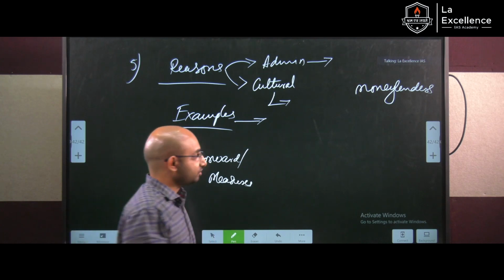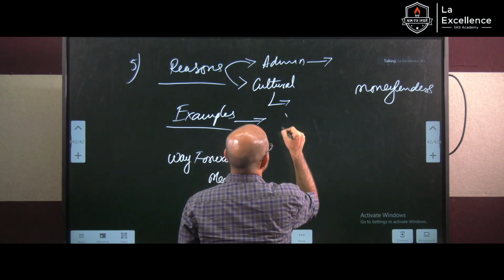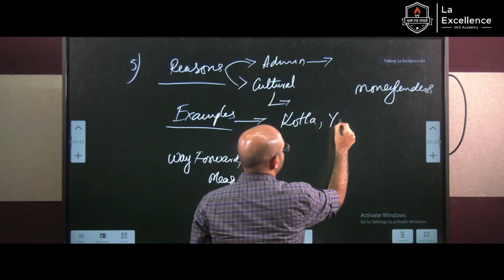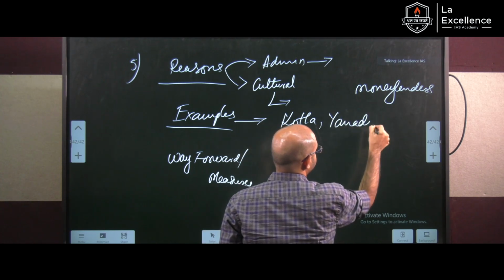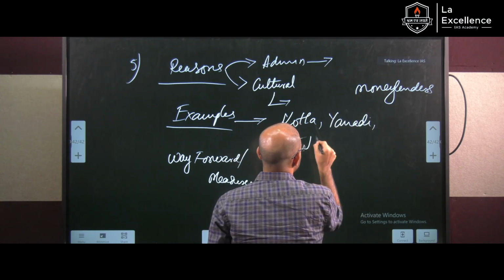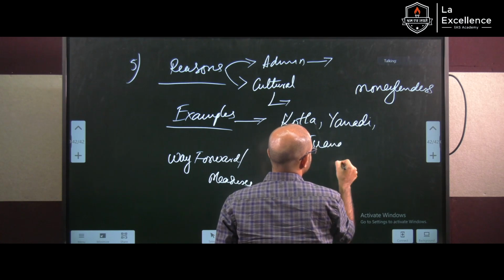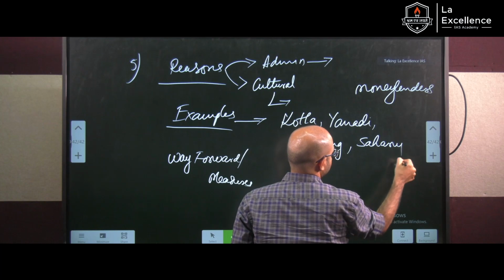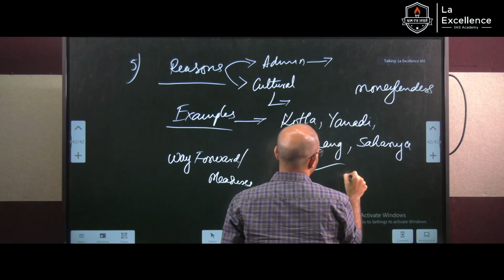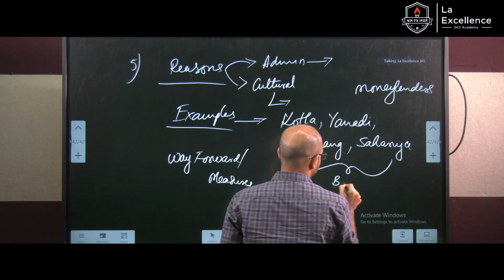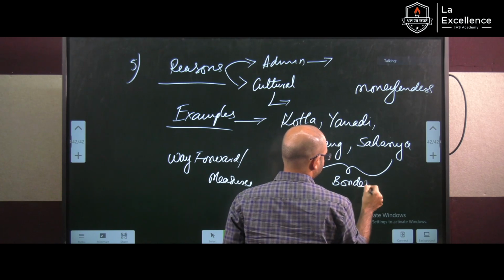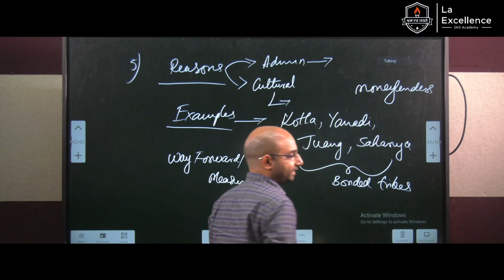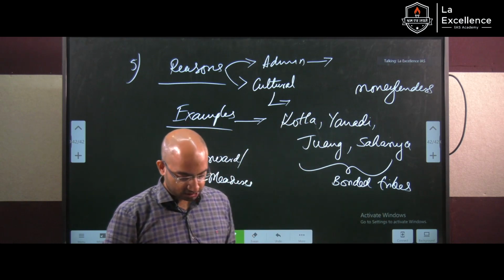And you can talk about some bonded tribes, for example, Kotla in Dehradun, Yanadi in Andhra, Zuang in Odisha, Saharia in MP and Rajasthan. These are some examples of bonded tribes within India. So discuss them.